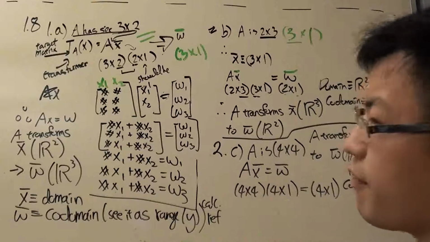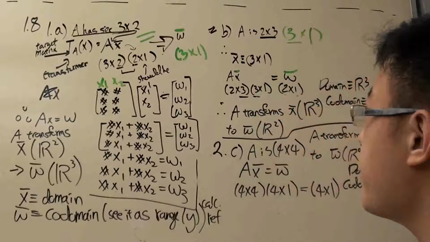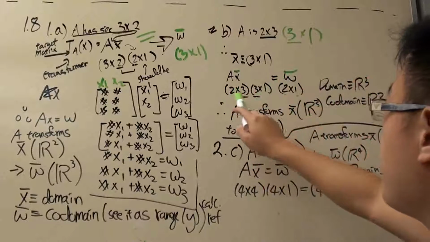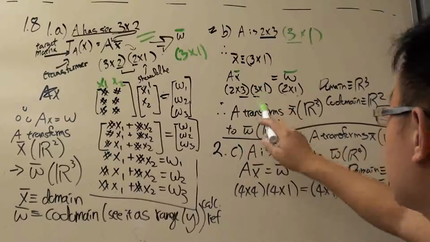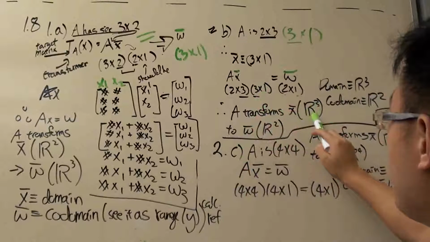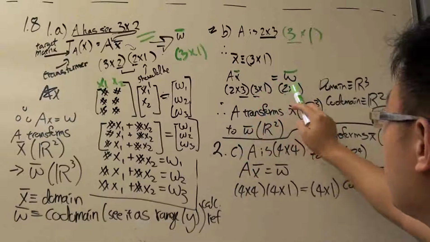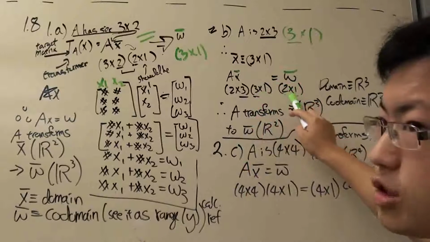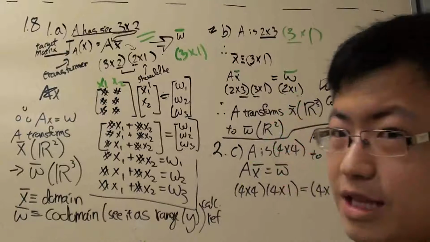I explained it anyway for future reference, but this question specifically is just looking for domain and codomain. So for this one, the domain will be the X vector, that's your input, which is 3 dimension, so that's going to be R3, and then my output, which is the codomain, is 2 by 1, so 2 dimension, so that's R2. That's all there is. Nothing all that difficult.